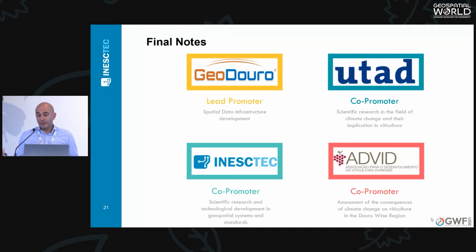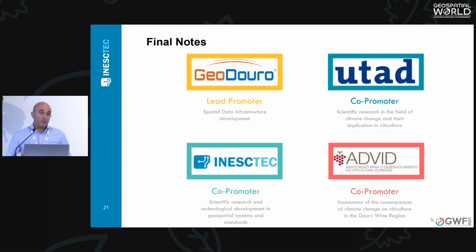We also have a vineyard producers association that is testing these results, and they are giving us some guidelines through the analysis of the consequences of climate change on viticulture. And we also have a private company that helps us build the solution.